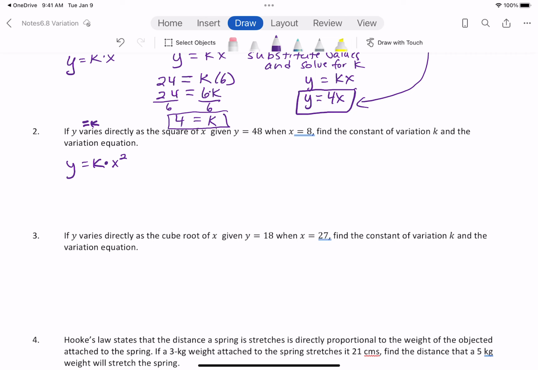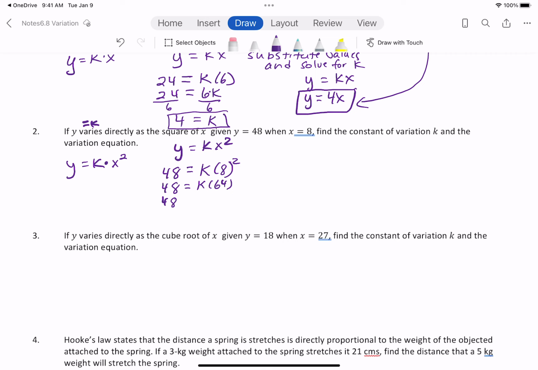Then we're going to do the same process that we just did in the first one. Given that variation equation, if I know y is 48, we can make that substitution. We don't know k, but we know that x is 8, and don't forget, in this problem, the x is squared. So we get 48 equals k times 64.